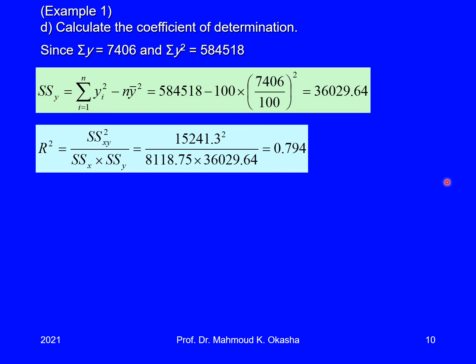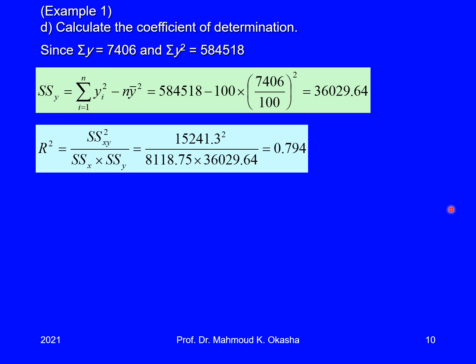And then we can calculate r squared like that. We got earlier the SSxy, which was 15,241.3. We square this value, and then divide by SSx multiplied by SSy, and we get the result like that, 0.794, which means 79%.